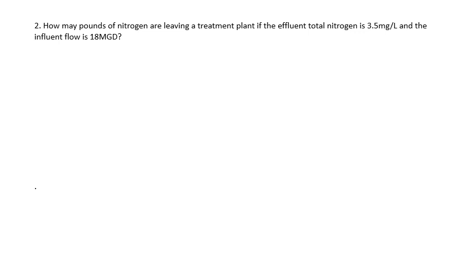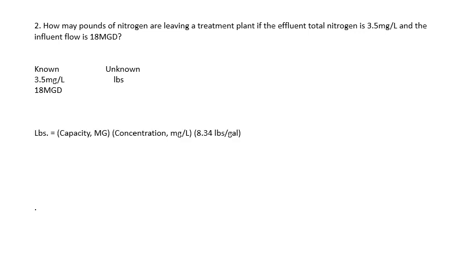Question 2. How many pounds of nitrogen are leaving a treatment plant if the effluent total nitrogen is 3.5 milligrams per liter and the influent flow is 18 million gallons a day? As always, I like to start with pulling my knowns and unknowns. So you have 3.5 milligrams per liter, a flow of 18 million gallons per day, and we're looking for pounds. And we use the pounds formula.